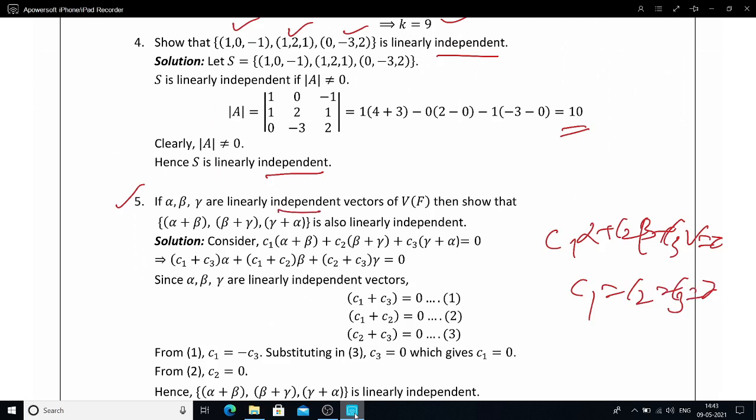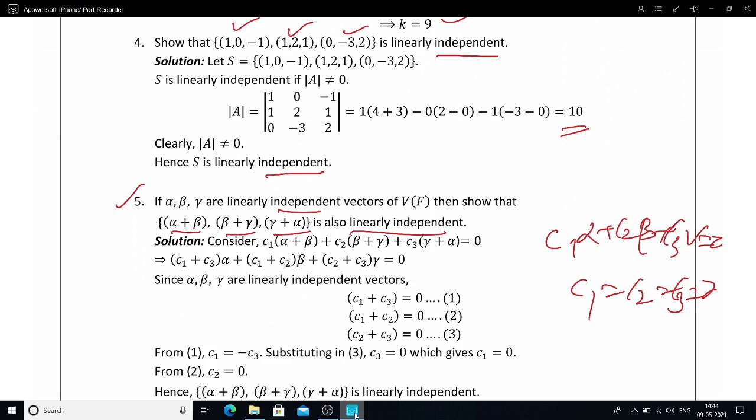But here we have to show that the set containing vectors of the form alpha plus beta, the second vector beta plus gamma, and the third vector gamma plus alpha is also linearly independent.